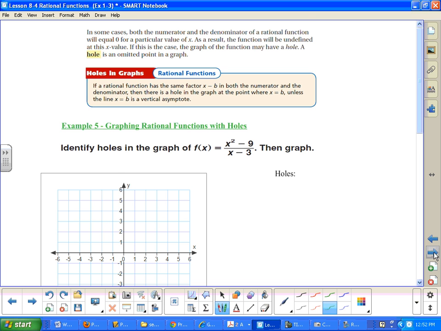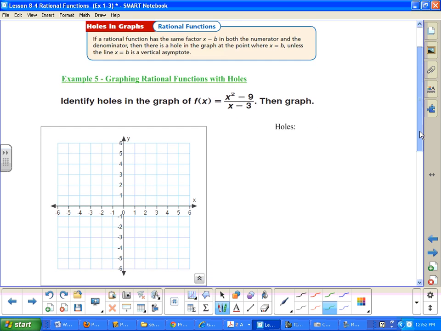So if you have a common factor in the numerator and the denominator, the 0 for that common factor is where there's a hole in your graph. So the first thing we're always going to do is factor. What do I get when I factor x squared minus 9? x plus 3 and x minus 3.